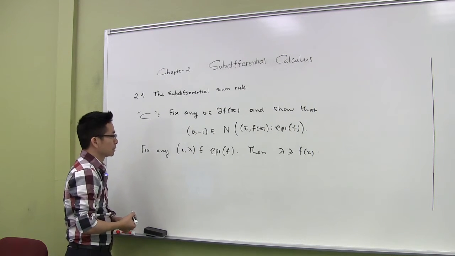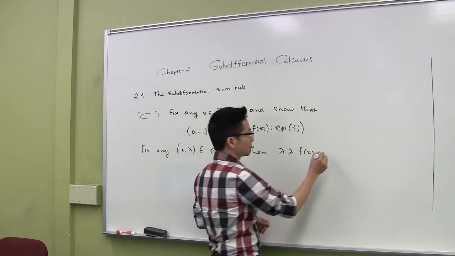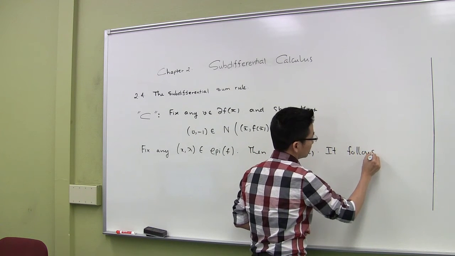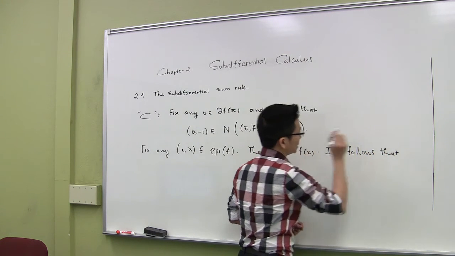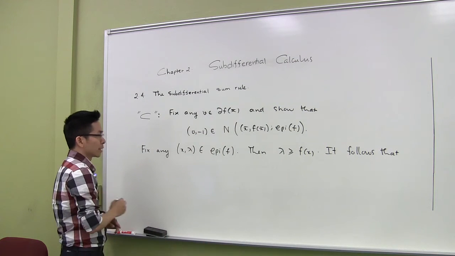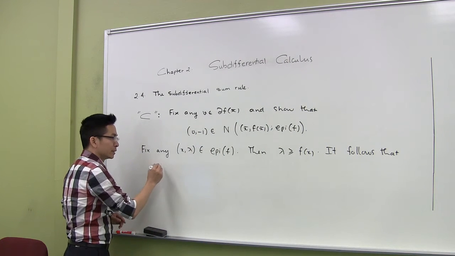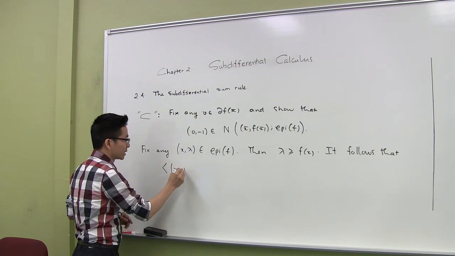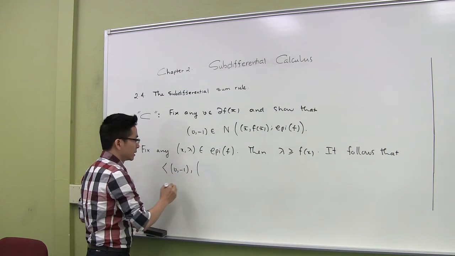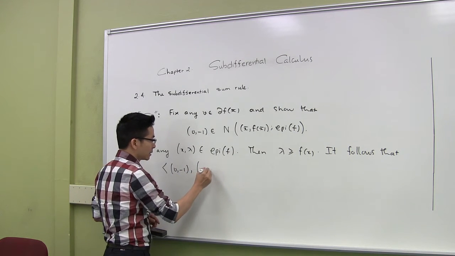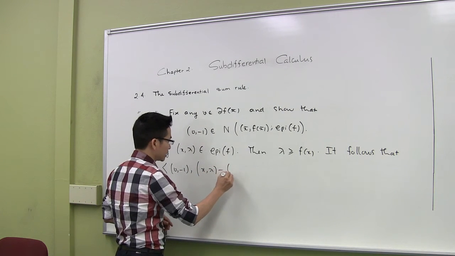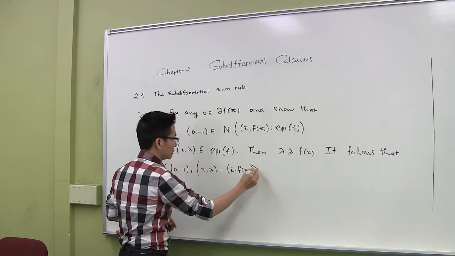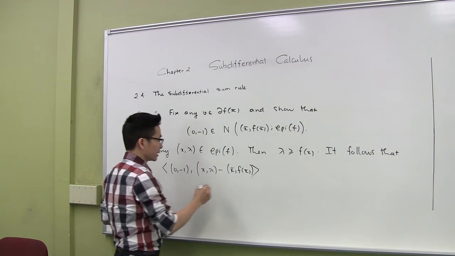It follows that, now if we compute the inner product of (v, -1) and (x, lambda) minus (x bar, f(x bar)), you have the following.